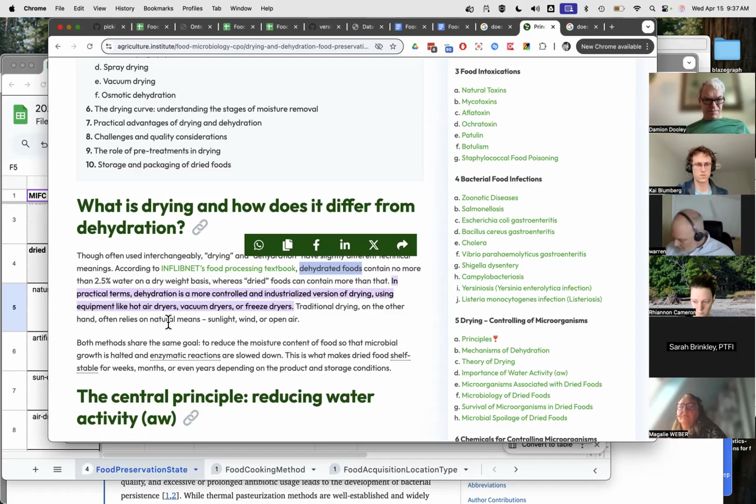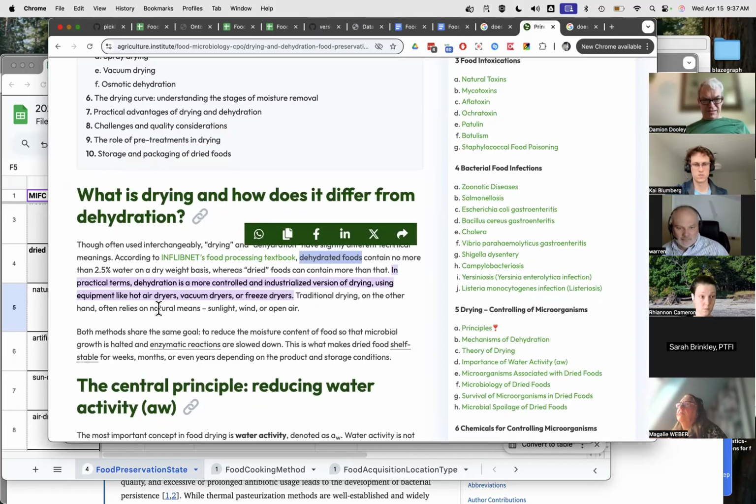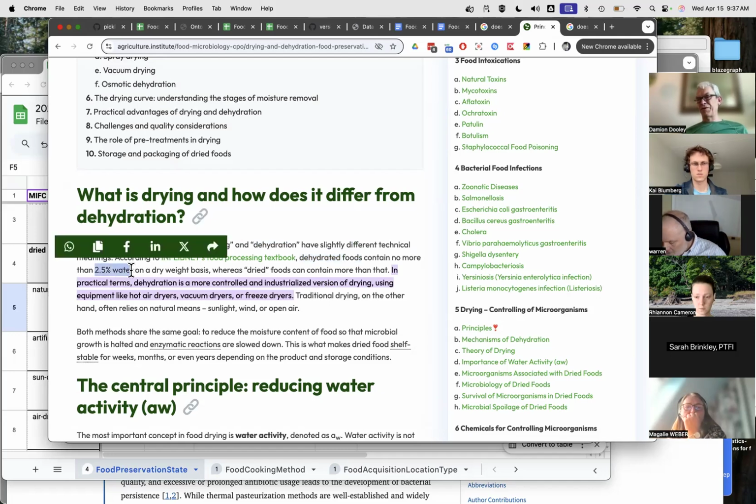I wonder if we could phrase it that dehydrated food is even drier than ambient moisture, although ambient moisture varies around the world.